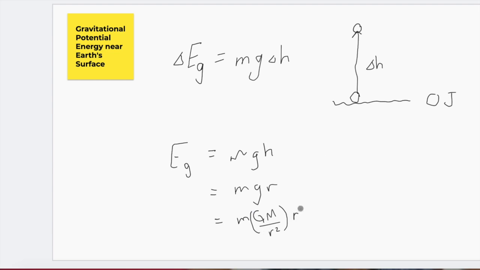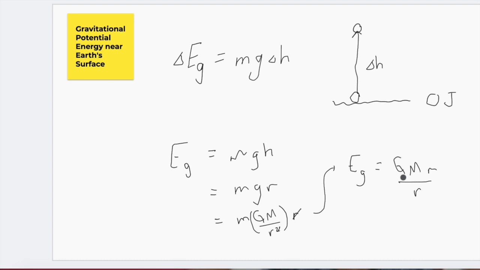One of these little r's divides out, and I have an equation that looks like this: E sub g equals big G, big M, the mass of the Earth, little m, the mass of your ball or whatever, divided by r. Okay?